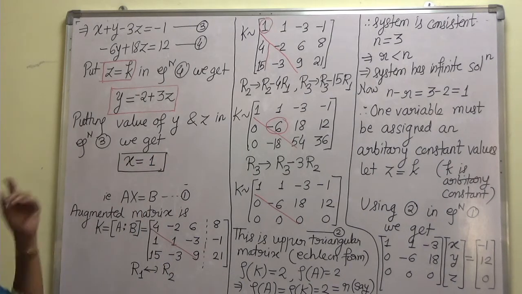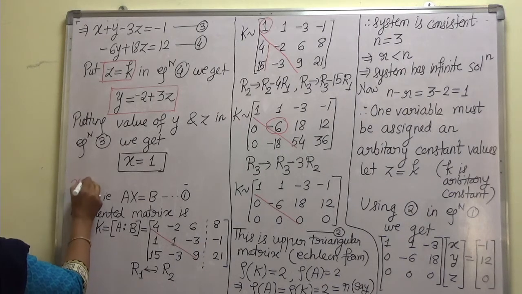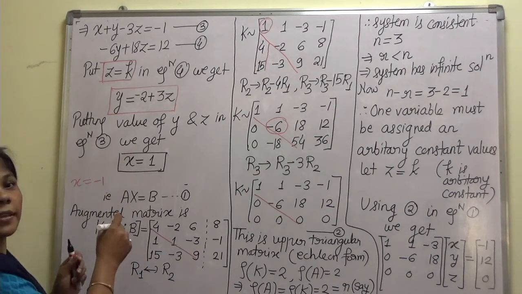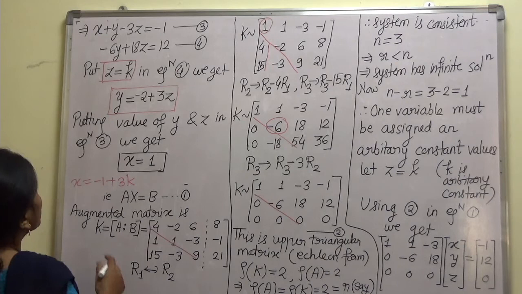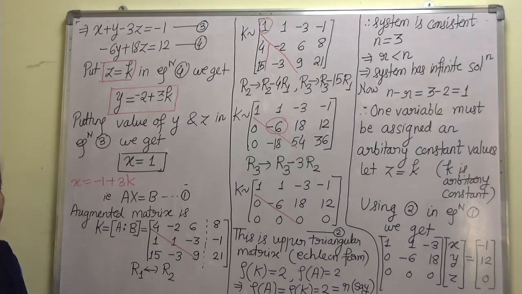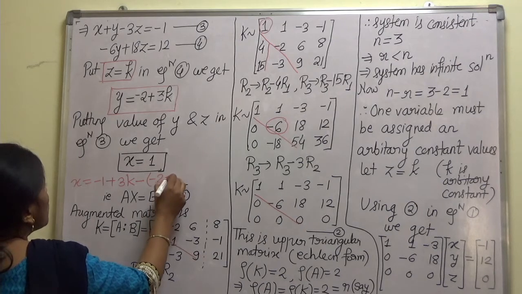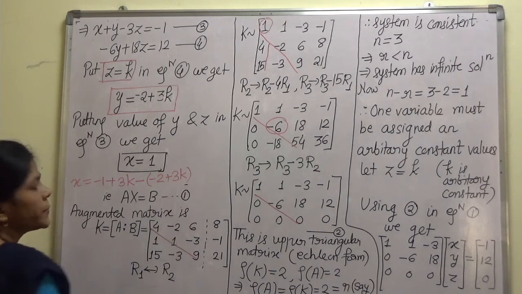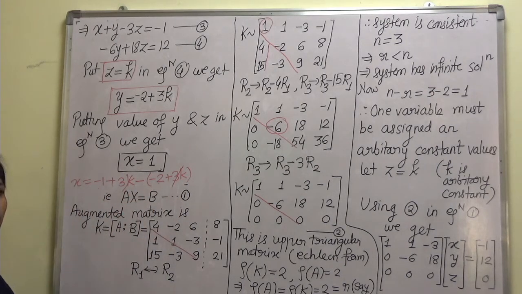In rough, x is equal to minus 1 plus 3z, and z is 3k. Then minus y, what is y? That is minus 2 plus 3k. So this 3k will get cancelled. Minus 1 plus 2, that is 1. So in this way we get x as 1.